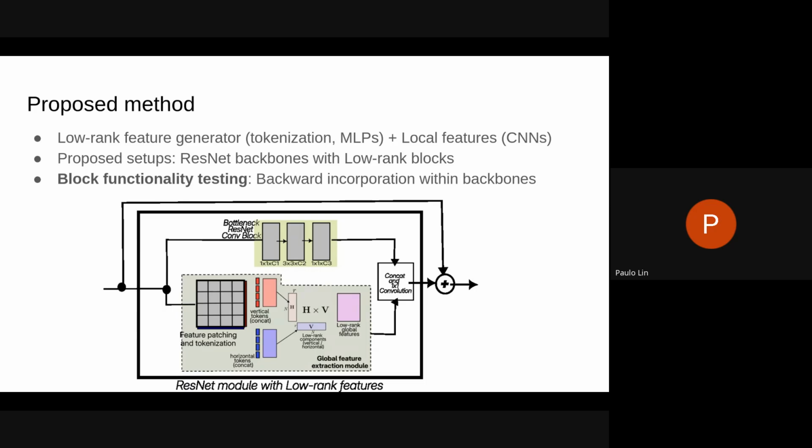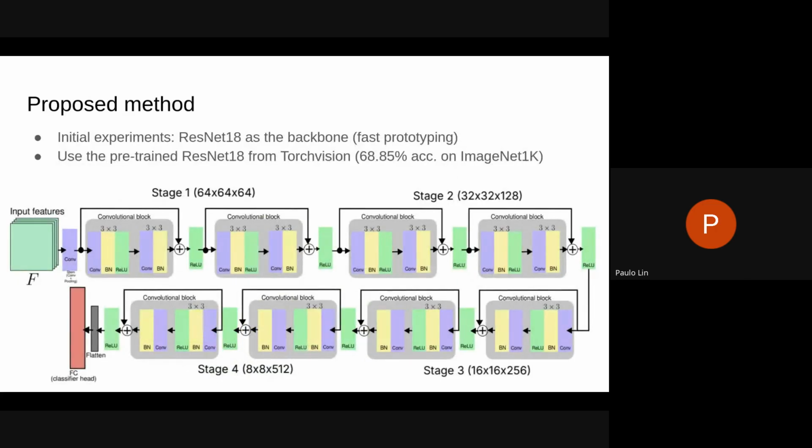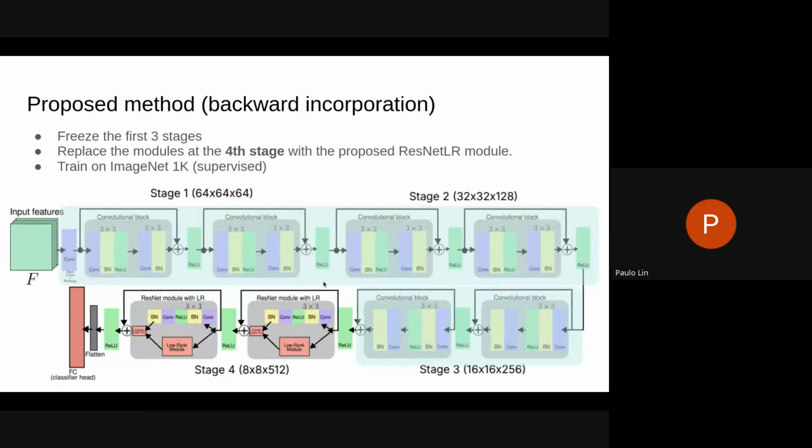And to test the functionality of this block, I proposed backward incorporation within the backbones, which means that this is, for instance, the original ResNet 18, and what I'm doing is replacing the last stage with the block I'm proposing, and just freezing the remaining stages from 1 to 3, just to verify that the block I'm proposing is actually working and it's not generating any instability during training.